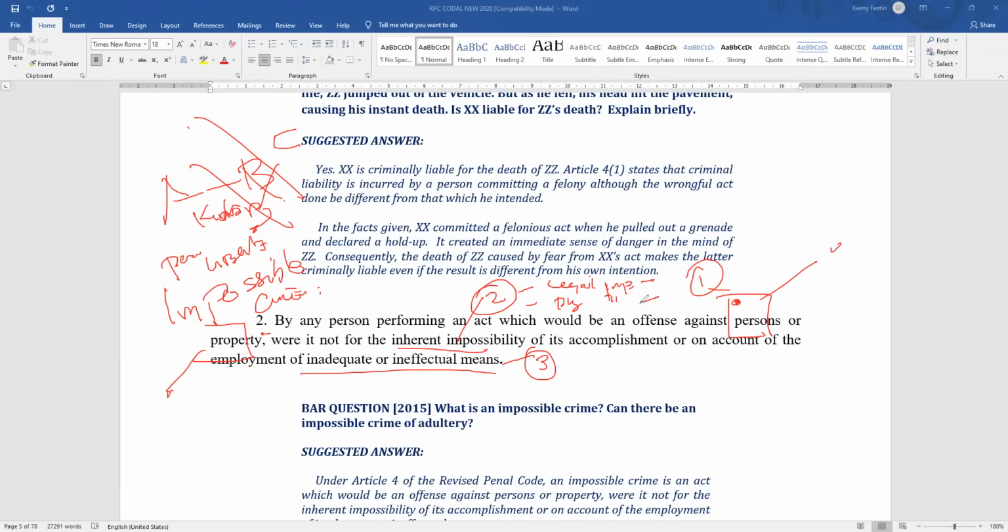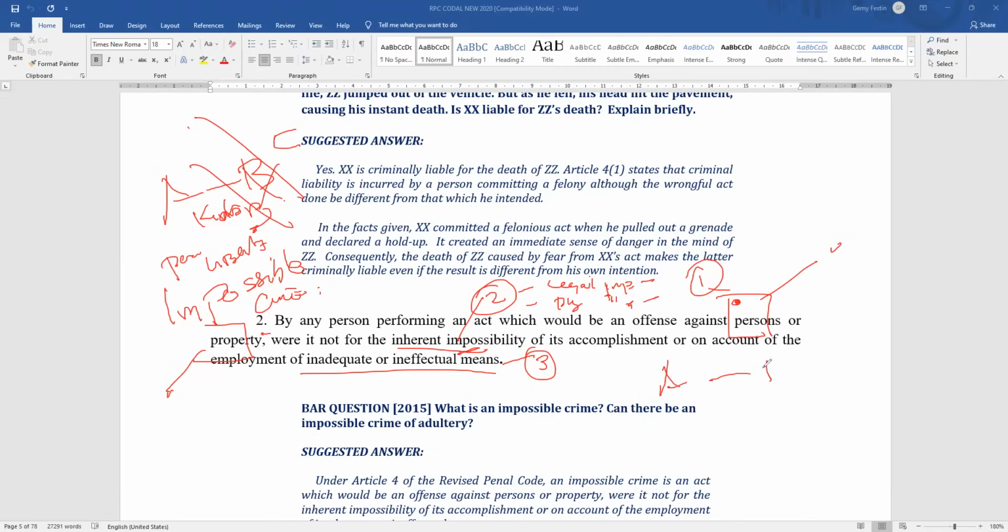Legal impossibility, can you steal a watch that belongs to you? No. Why? Because it's yours. Physical impossibility, can you kill a person who's already dead? No. Why? Because he's already dead. So there is inherent impossibility.